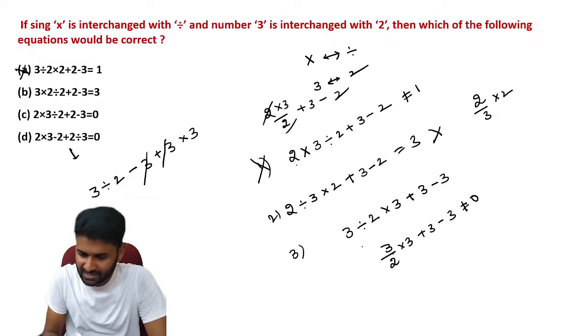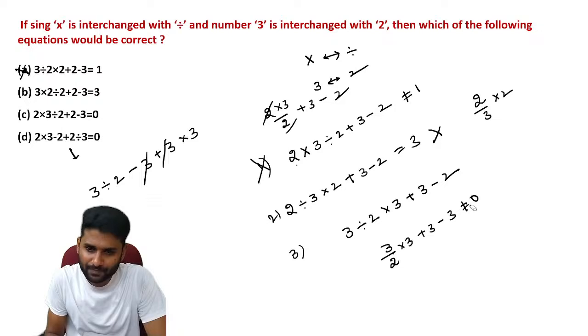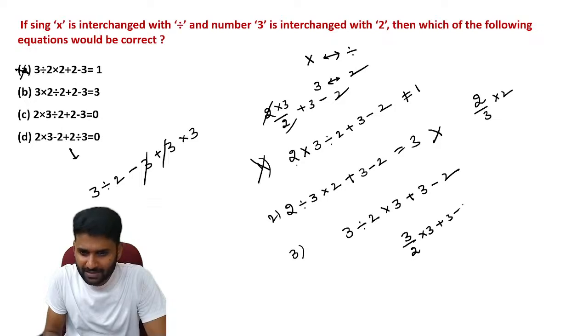Let's check with C. 3 divided by 2 into 3 plus 3 minus 2. You can see 3 divided by 2 into 3 plus 3 minus 2.